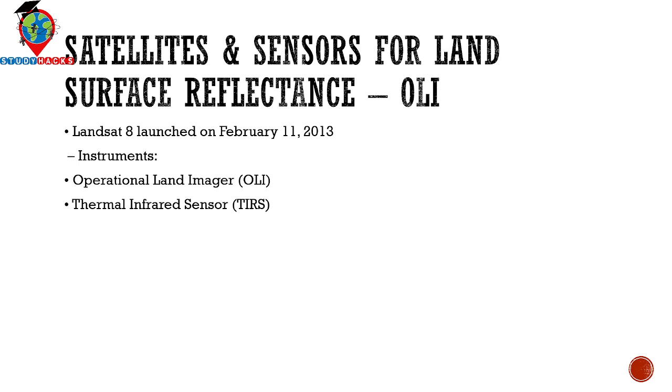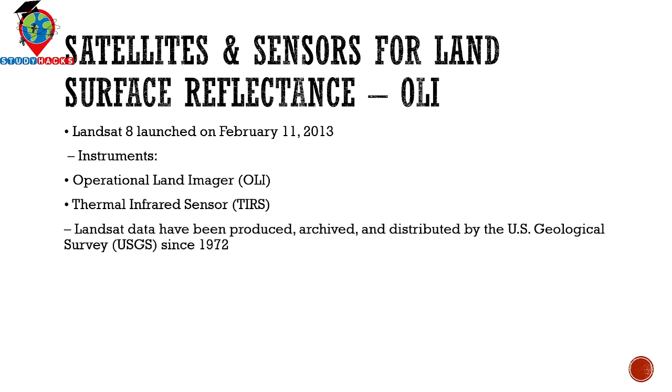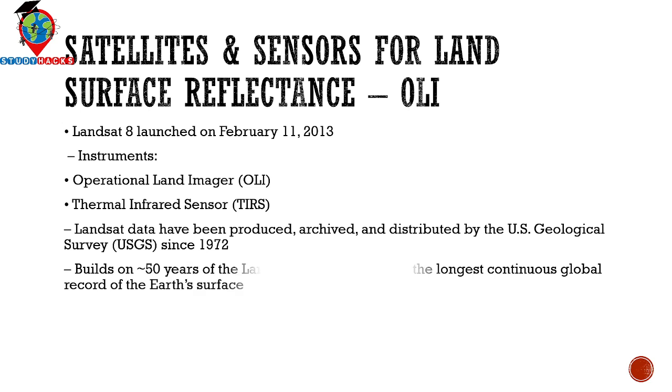These two sensors are mainly useful for Landsat imagery. The Landsat data have been produced, archived, and distributed by the US Geological Survey, USGS for short, since 1972. It builds on 50 years of the Landsat program, offering the longest continuous global record of the Earth's surface.